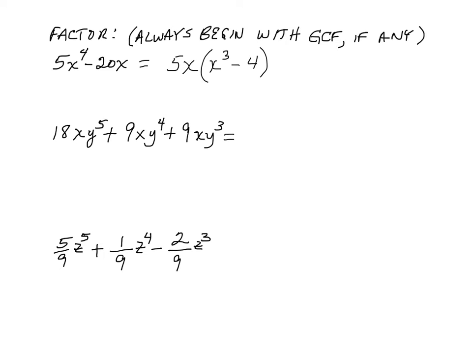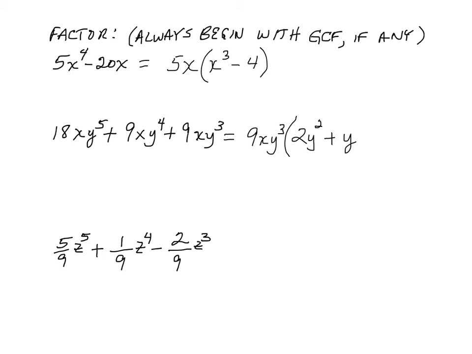Okay? Look at this one. Look at it and look for whatever is common. They all have a 9 in common. They all have an x in common. And they all have a y to the third. You're looking for the smallest exponent, remember? So y to the third. And what's left after you factor that out is going to be 2y squared plus, the 9 comes out, the x comes out, so we have a y.